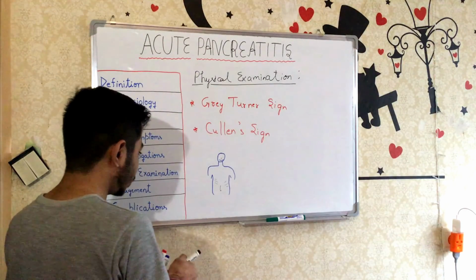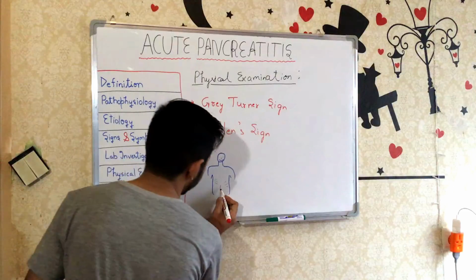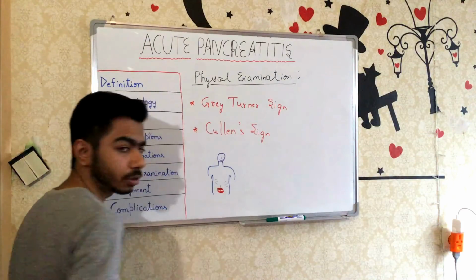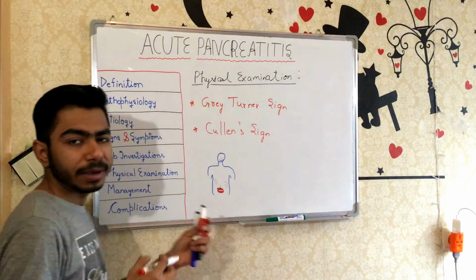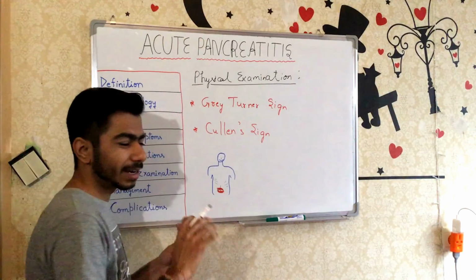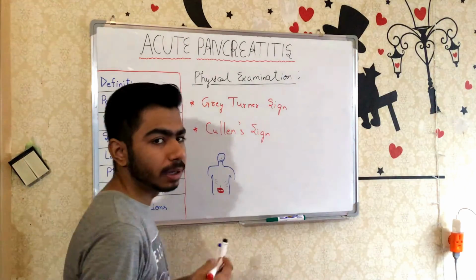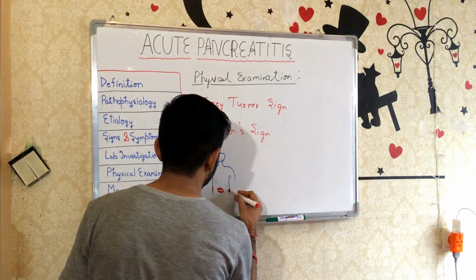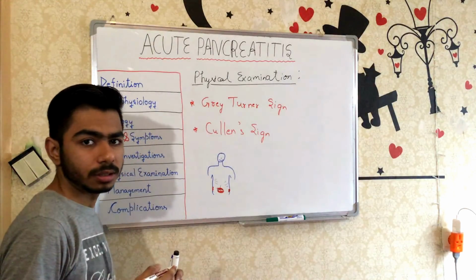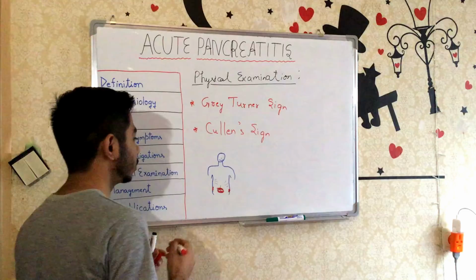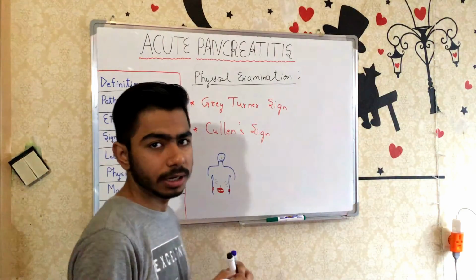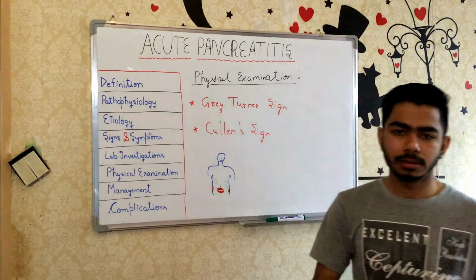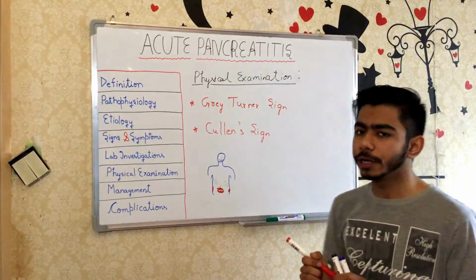And if the patient has red or bluish ecchymosis near the periumbilical region or in the lateral sides, that means they have the Gray Turner sign. They are positive for the Gray Turner sign, and that is more typical for acute pancreatitis.